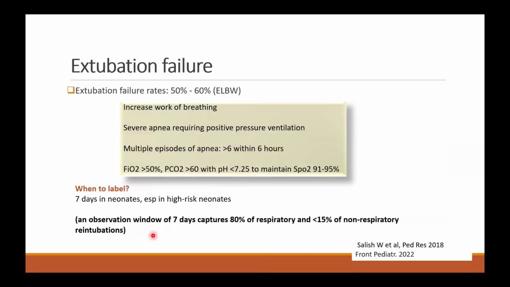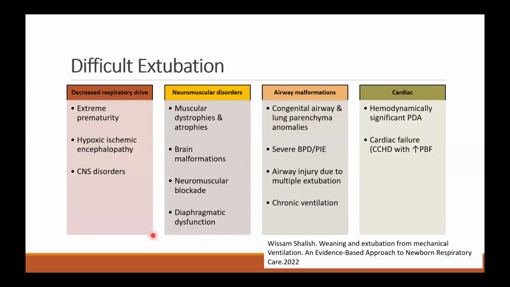So when a baby is failing extubation multiple times, we should know the causes and how we can prevent that. For that, it is important to know the scenarios where extubation could be really challenging for us physicians. Decreased respiratory drive is one of the important determinants. It could be seen in extremely premature babies, babies with HIE or CNS disorders.